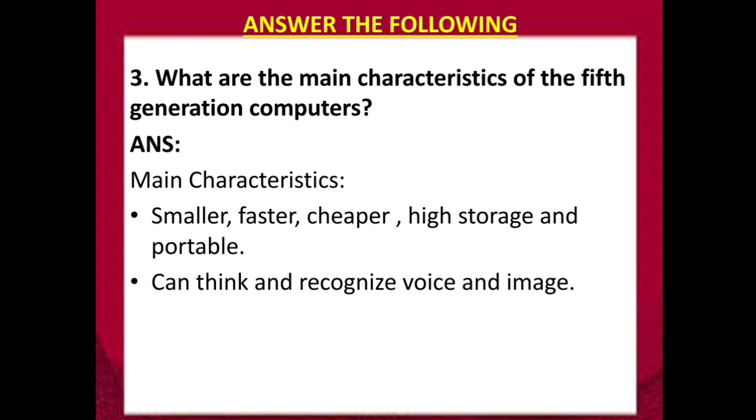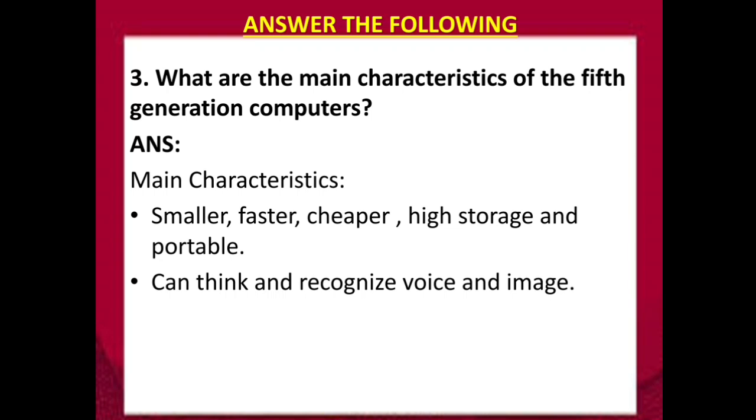That is thinking and recognizing voice and image. So the main characteristics of the fifth generation computer are smaller, faster, cheaper, high storage, and portable, and it can think and recognize voices and images.